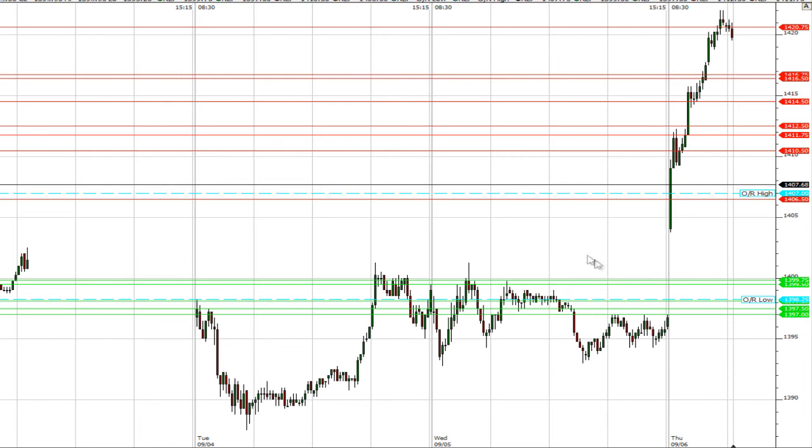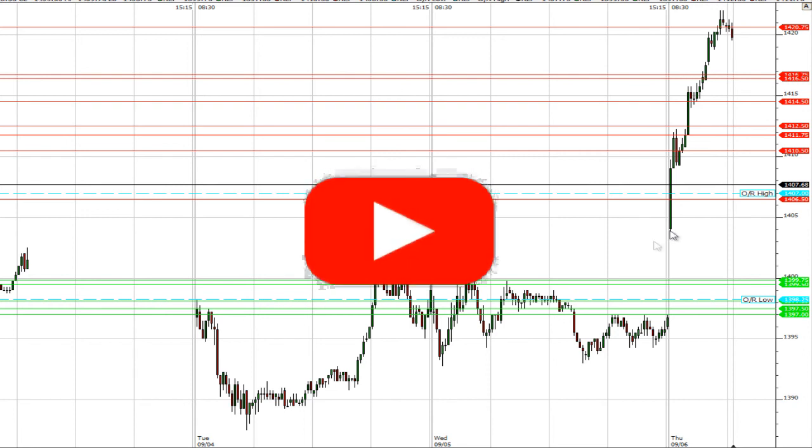We gapped right through that, right through the previous day's high, this whole range and this whole value area. That increased the odds that there is some significant market moving event or something happening in the overnight session, and that the big institutions would come in on this particular day because there was something changing the value perception.